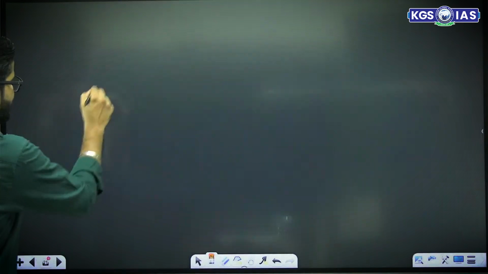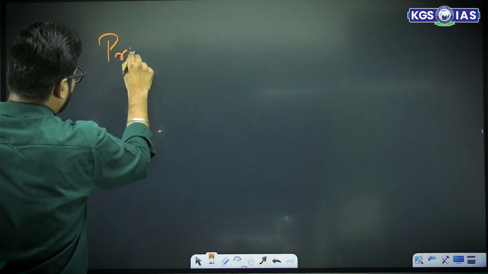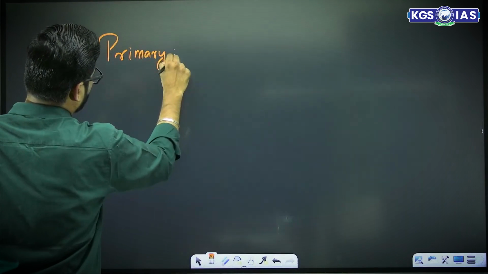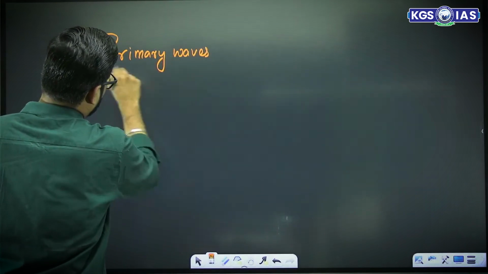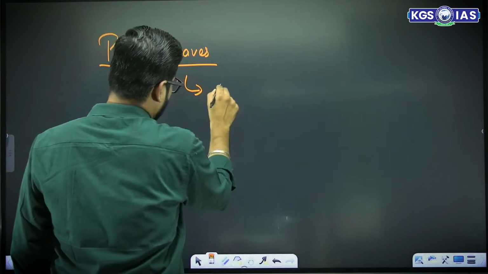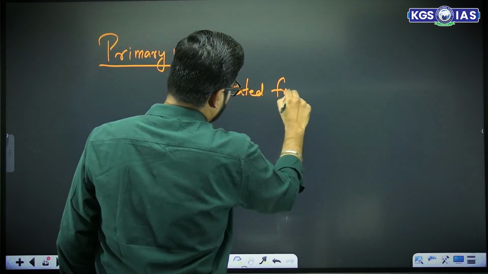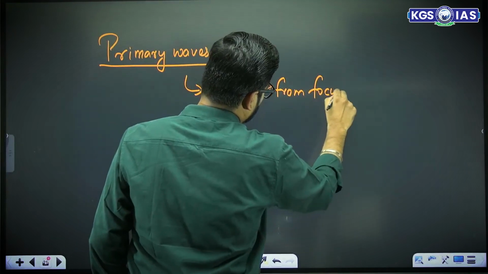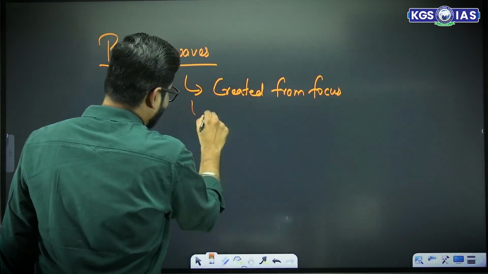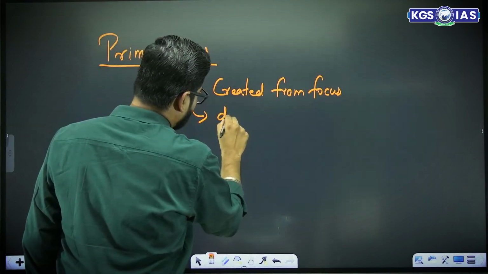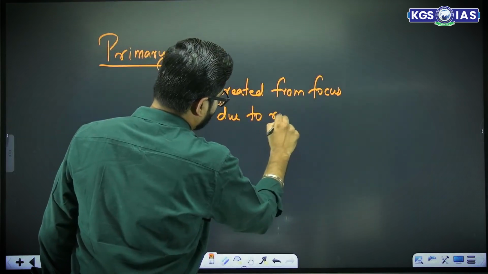First, we have seen there is one thing called the primary wave. This is created from the focus due to the release of energy.